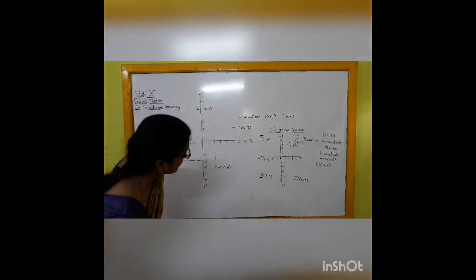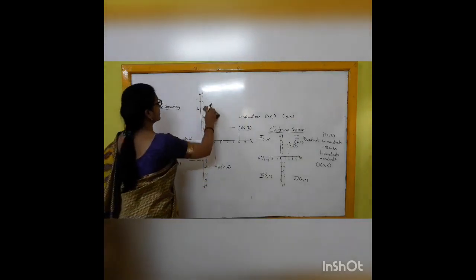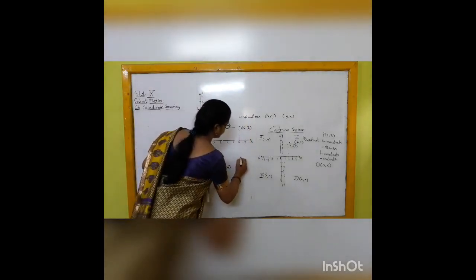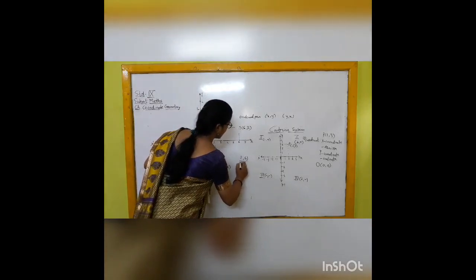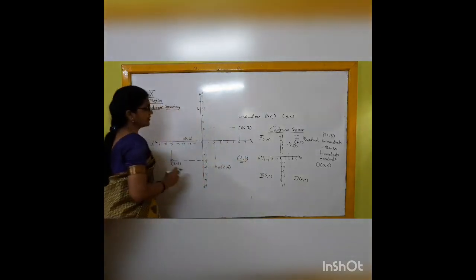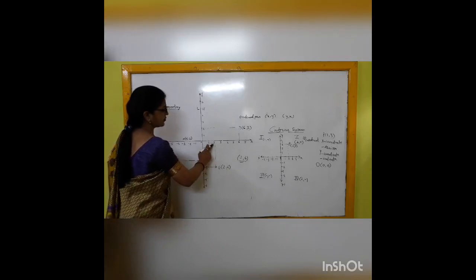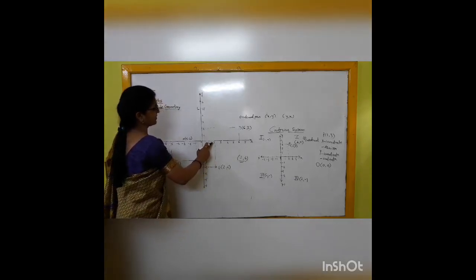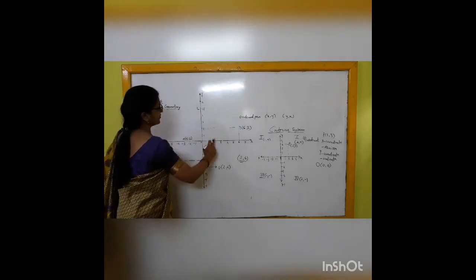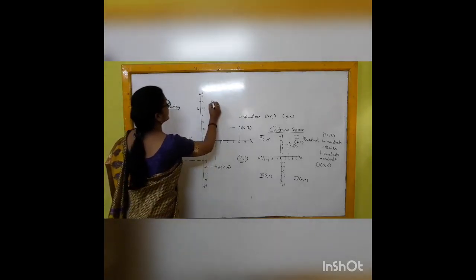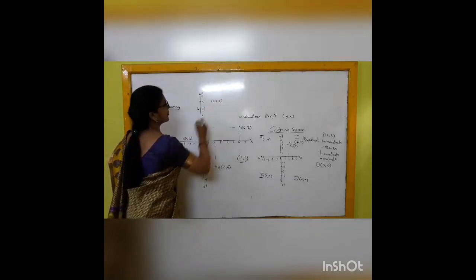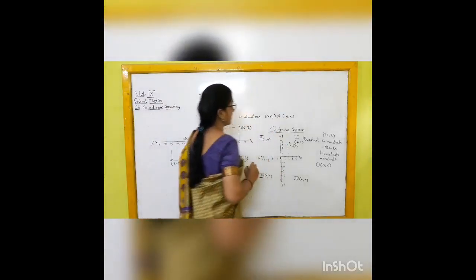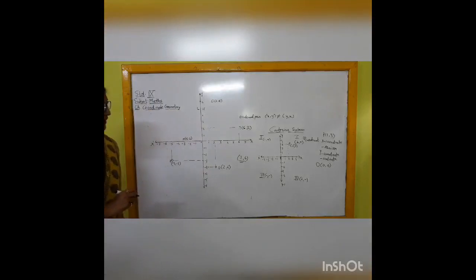The coordinates of point D are (6, 2) and we want (2, 6). So where does this point lie? (2, 6) means its x coordinate is 2 and y coordinate is 6. So where does it lie? The y coordinate is 6, so this point lies somewhere here. That means the ordered pair (x, y) is not equal to (y, x).